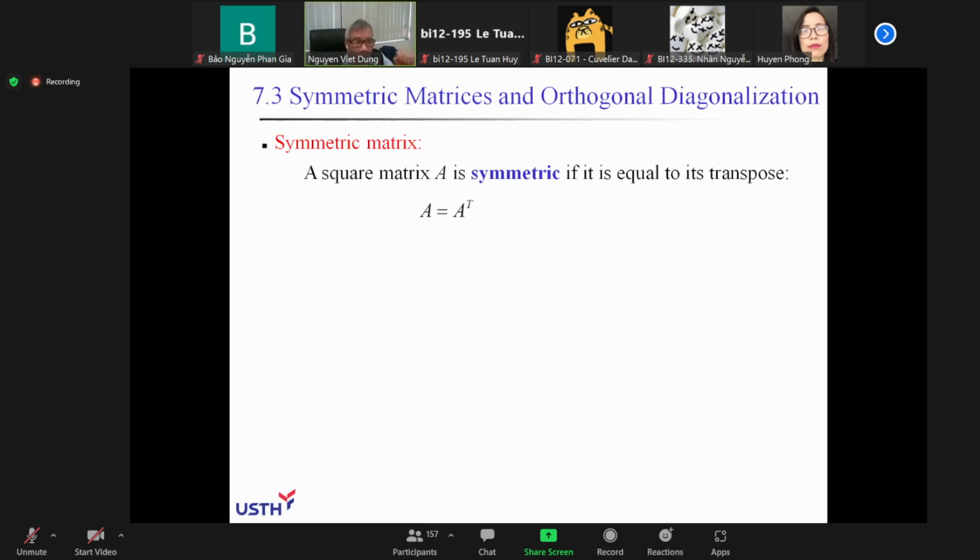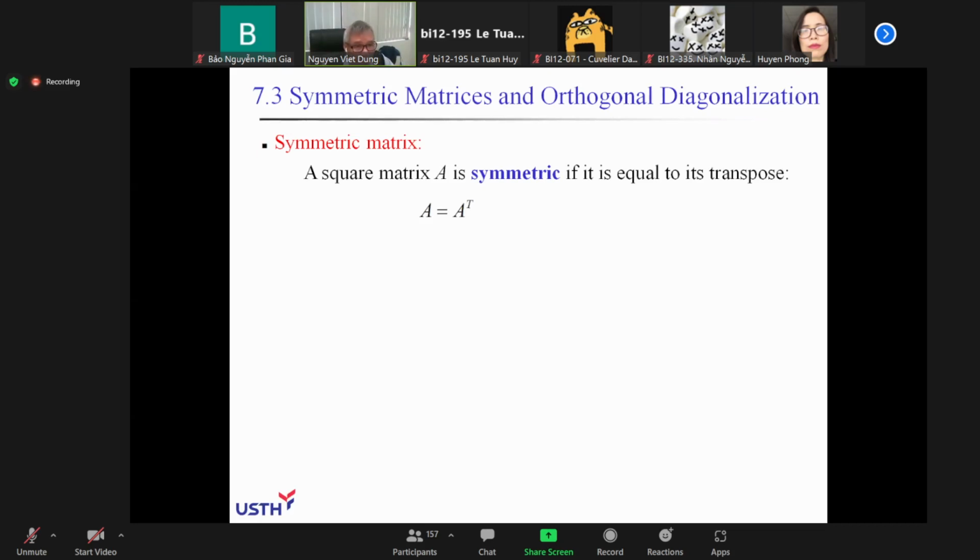Next, we consider the symmetric matrix and orthogonal diagonalization. First, I would like to recall the notion of symmetry.